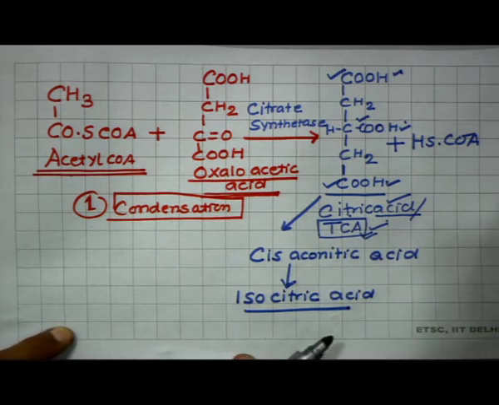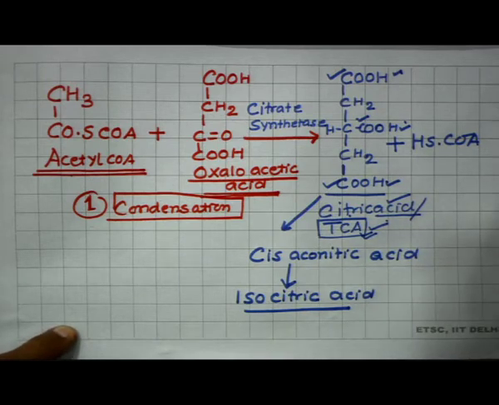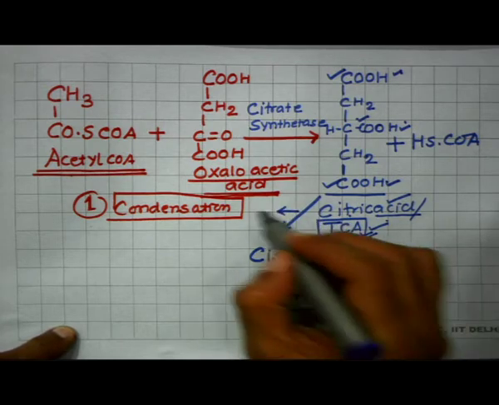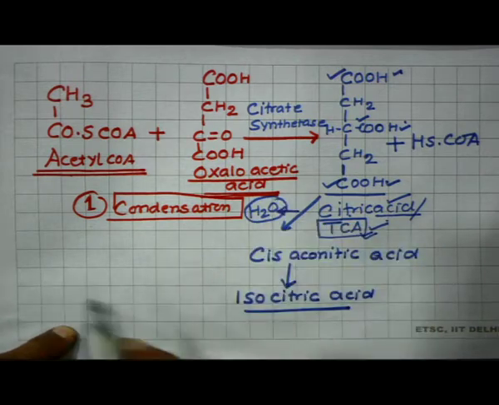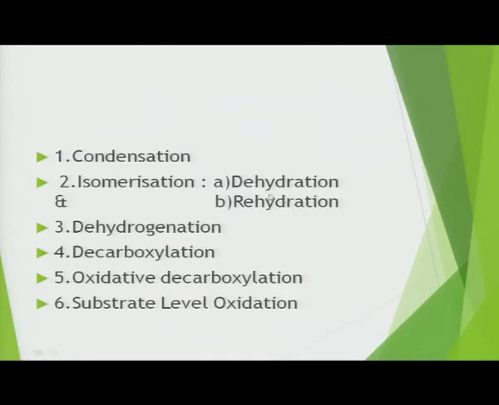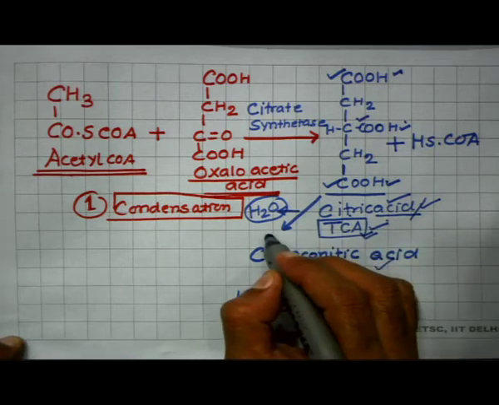At the time of conversion of citric acid into cis-aconitic acid, water is released. So, this process is again called the sub step of the isomerization, that is called dehydration, where citric acid is converted into cis-aconitic acid and the enzyme involved here is aconitase.